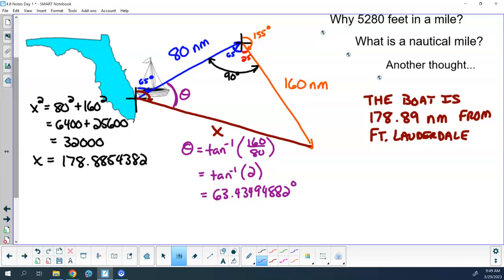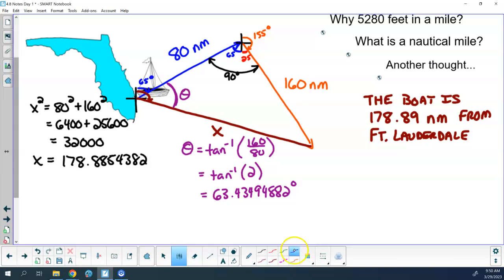Now, my question to you is, what is that bearing? Because that angle that we just found is just that triangle angle. That would be that angle plus 65? Because to get back to due north, I've got this blue 65 in there also.